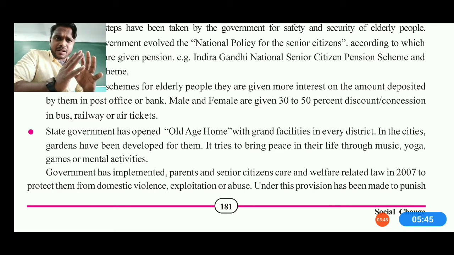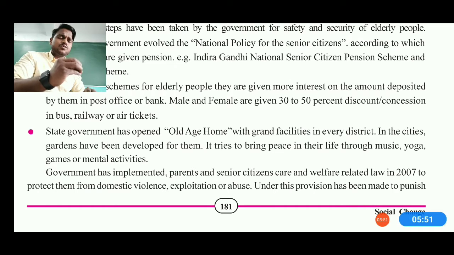This is the concept we are going to talk about here. Opening old age homes doesn't mean that everybody should send their parents to an old age home. It means that old age people who don't have any family, who are orphans, or who have no one willing to take them home, can live there.